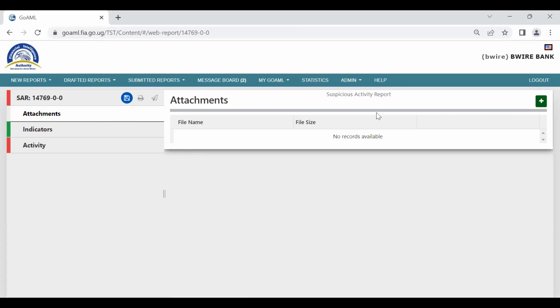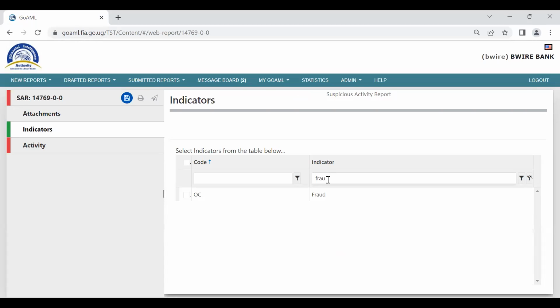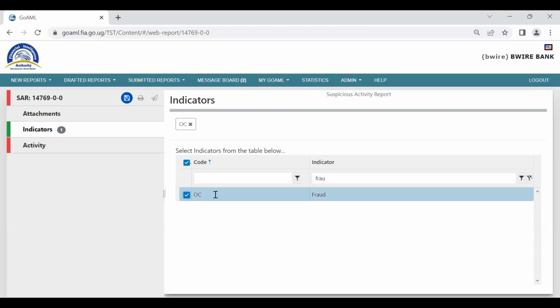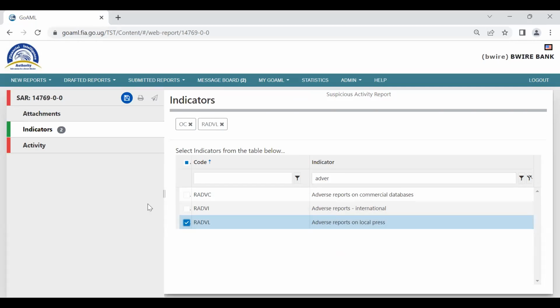So here, like I said, attachments are put in here. Indicators, like I said, fraud for this case, and probably adverse reports on local press, because that's how we got to know about this company just fleecing people, and also fraud.